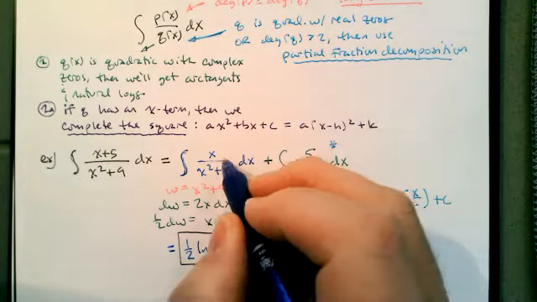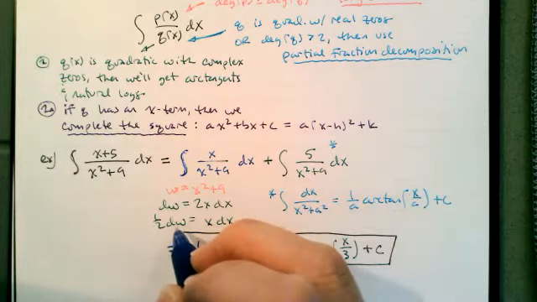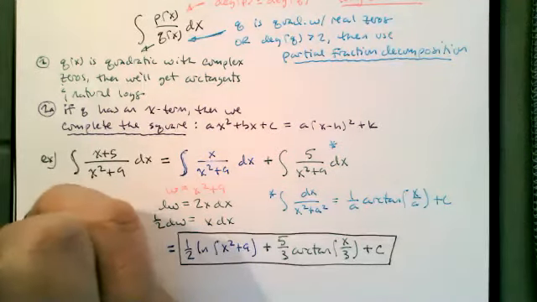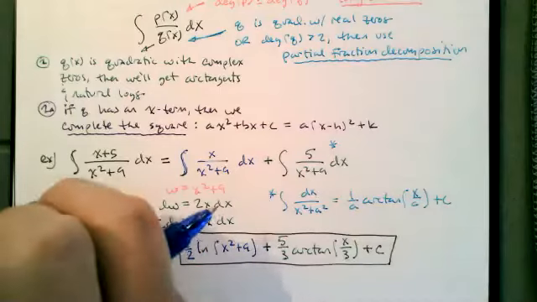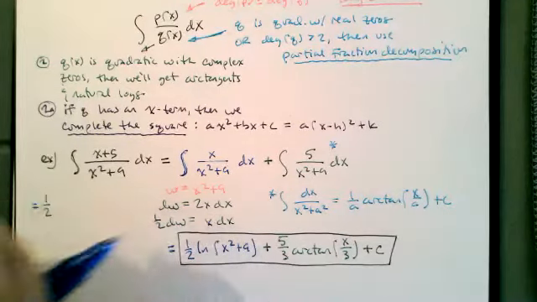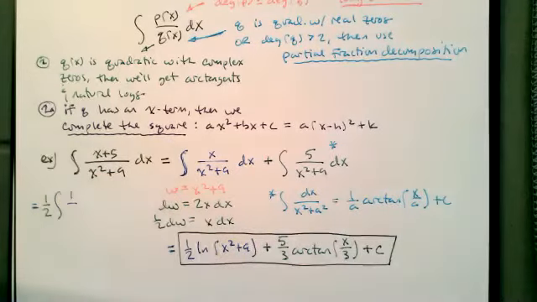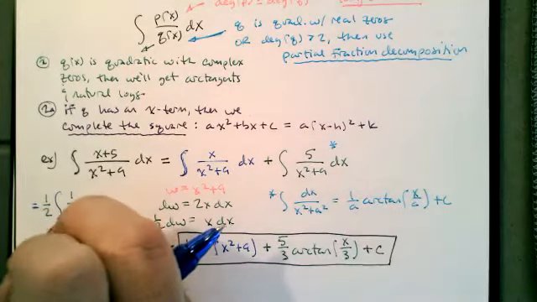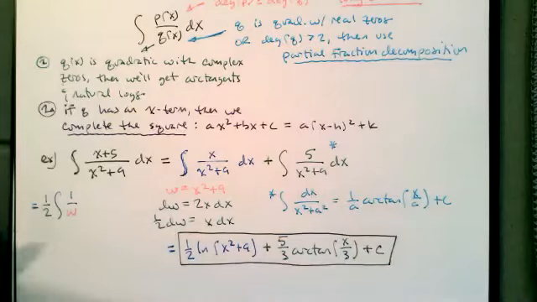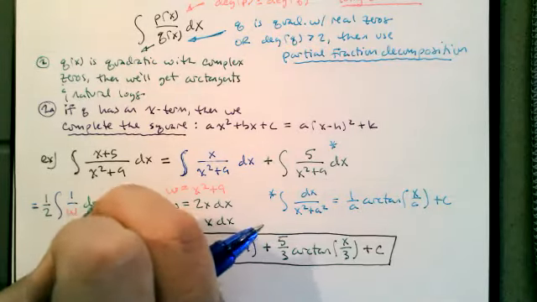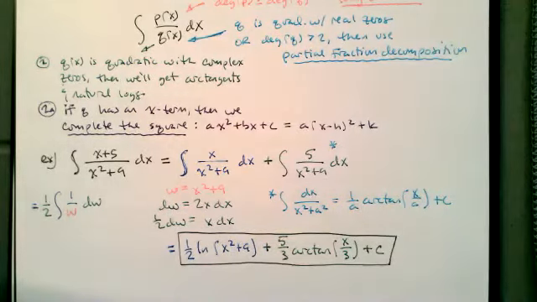So over here, the x dx is a 1/2 dw. So the integral becomes 1/2 the integral of 1 over w dw. Got it. Thank you. And so that's where the natural log comes up.